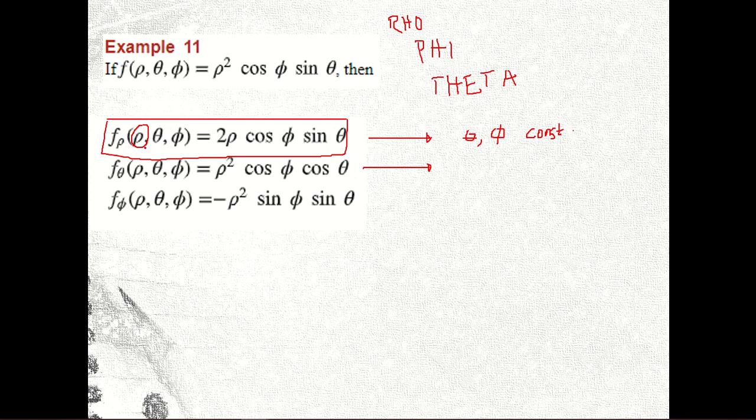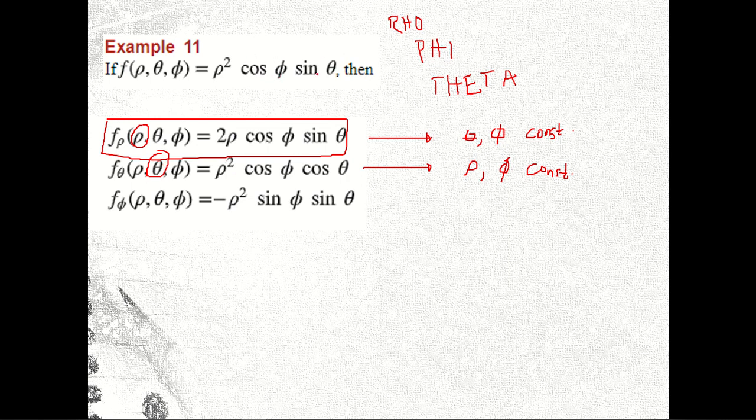So next we take the derivative with respect to theta, so it means that we have rho and phi considered as constant. All right, so rho is constant, phi is constant, so we'll take only the derivative of sine theta.